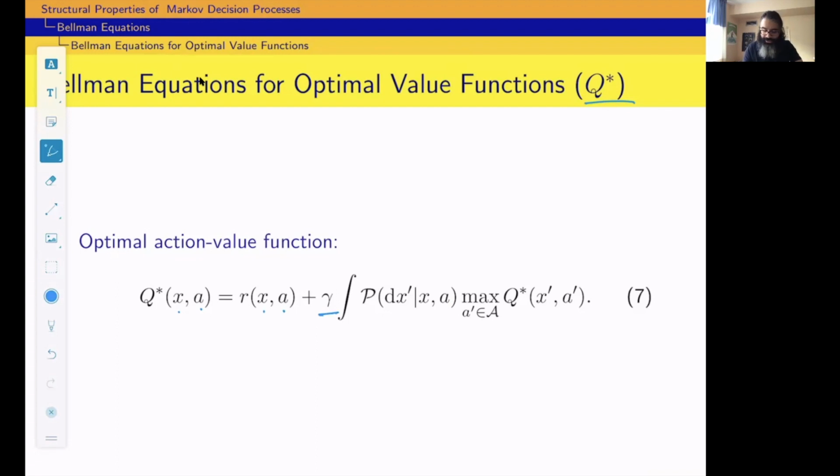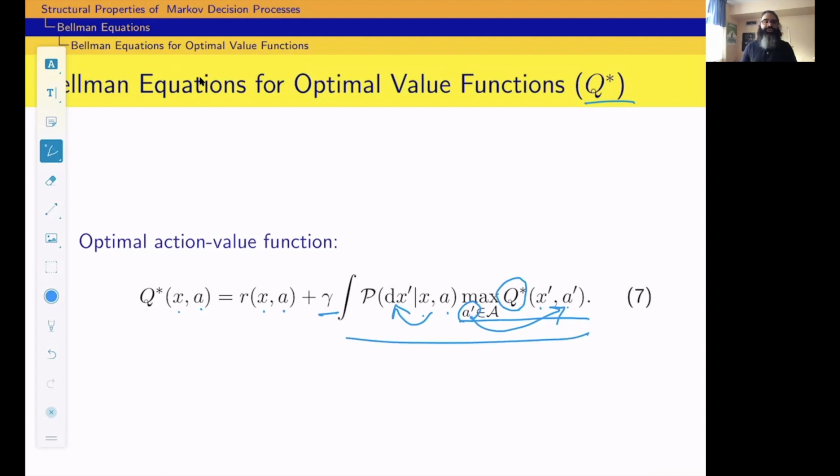We choose state x and action a, then we go to state x prime according to the dynamics. And then we compute the maximum over actions of q star at x prime and a prime. So we take the maximization over a prime, the different a's, take the maximum of it, and then we take the expectation of the whole thing.